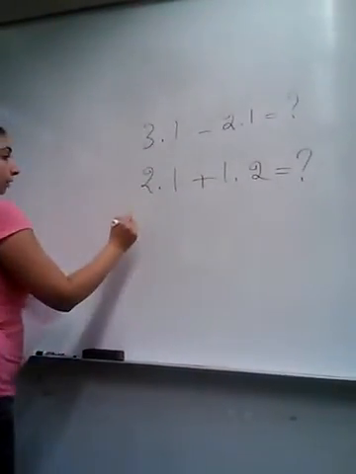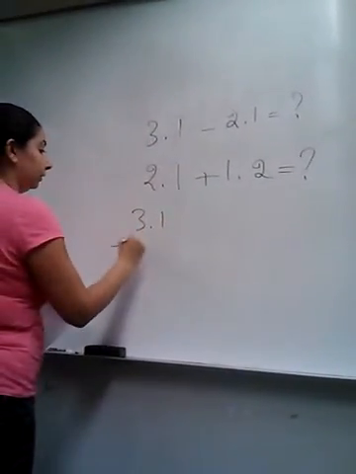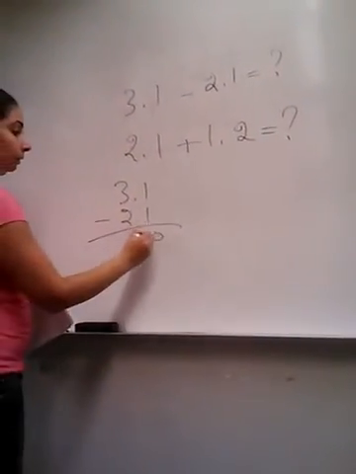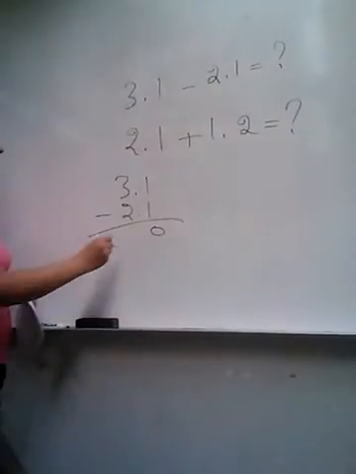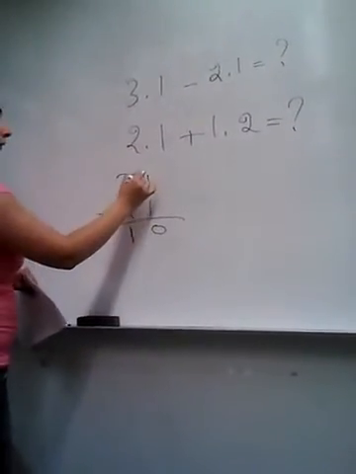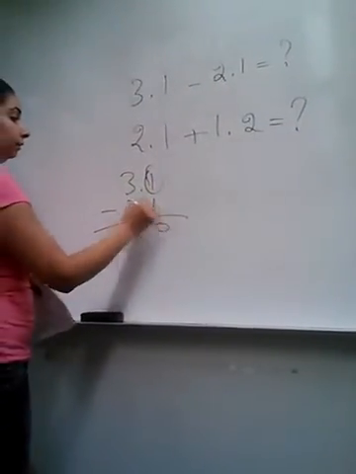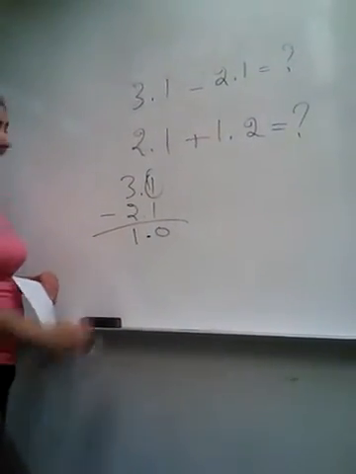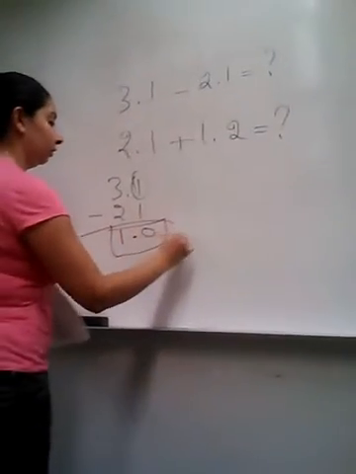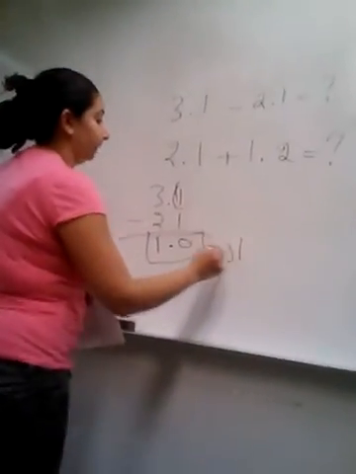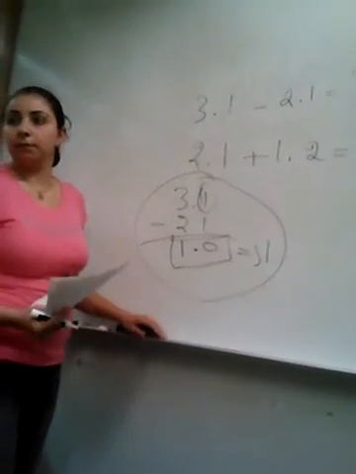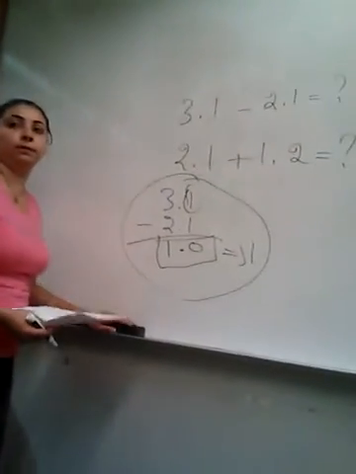Okay, 3.1 minus 2.1: 1 minus 1 is 0, and 3 minus 2 is 1. And we have one number here, so that's going to be after this one. So we have 1.0, or 1. Any question? Okay.